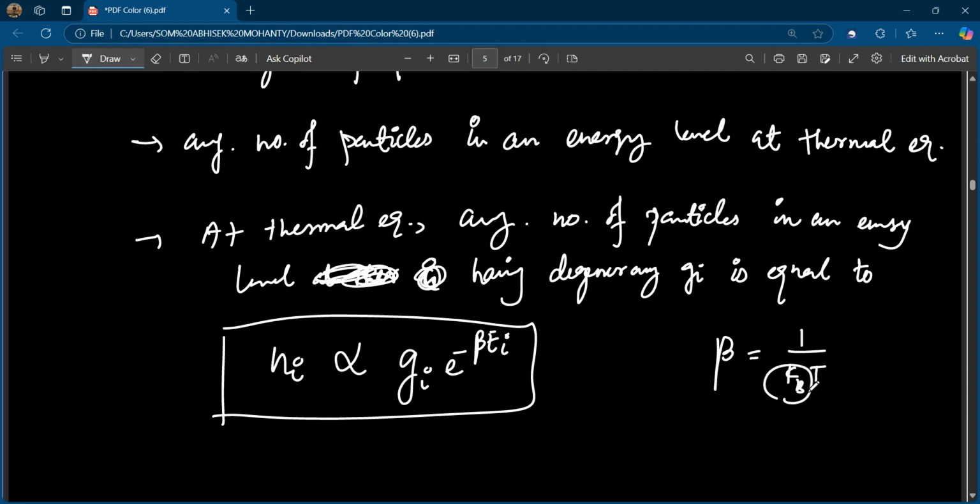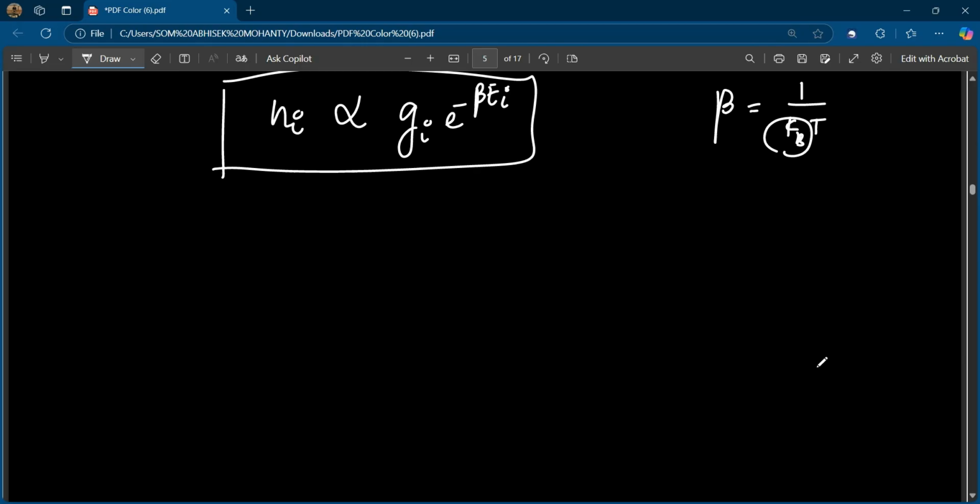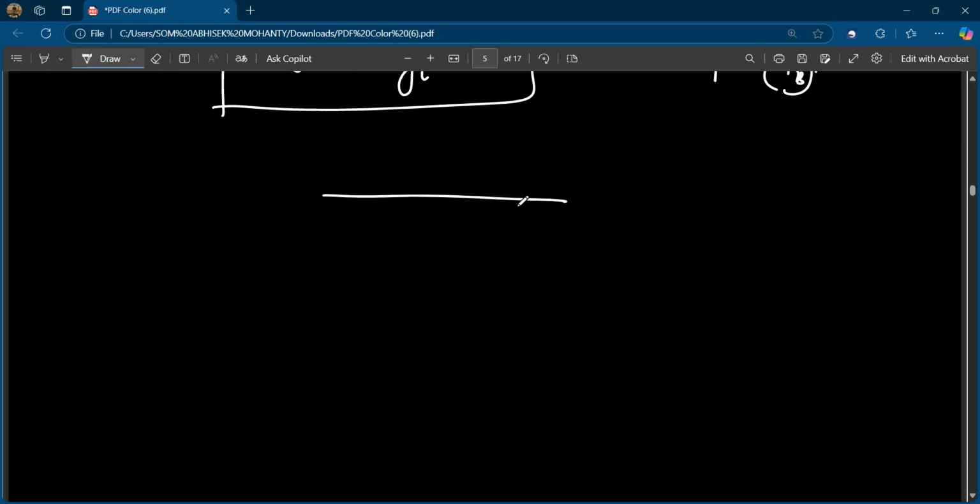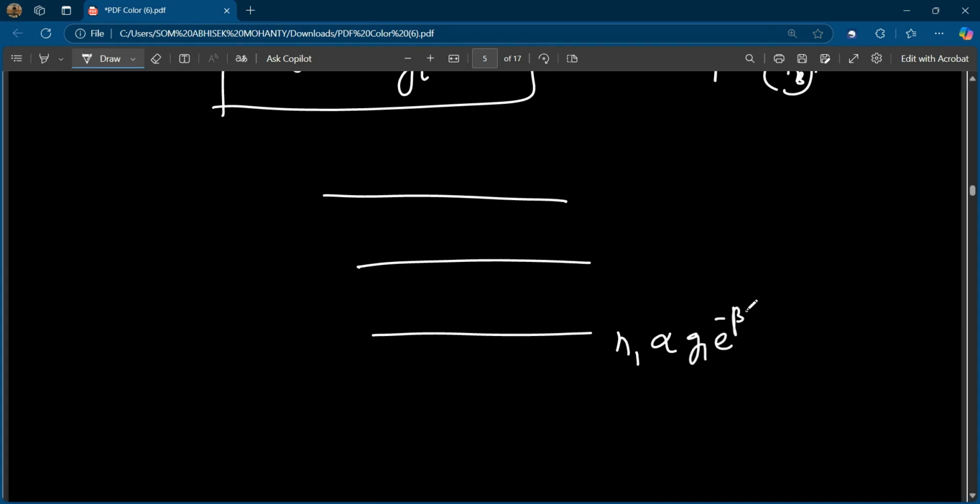Suppose there are three energy levels. For the first energy level, N1 is proportional to G1 e to the power minus beta E1. N2 is proportional to G2 e to the power minus beta E2, and N3 is proportional to G3 e to the power minus beta E3.